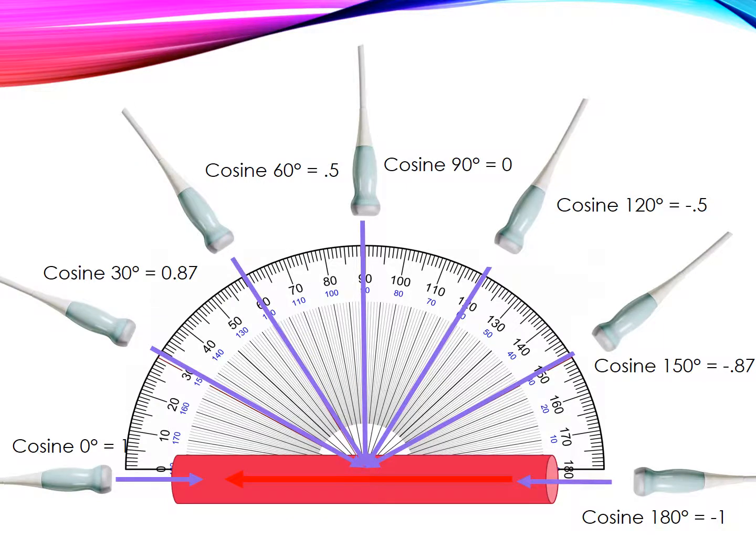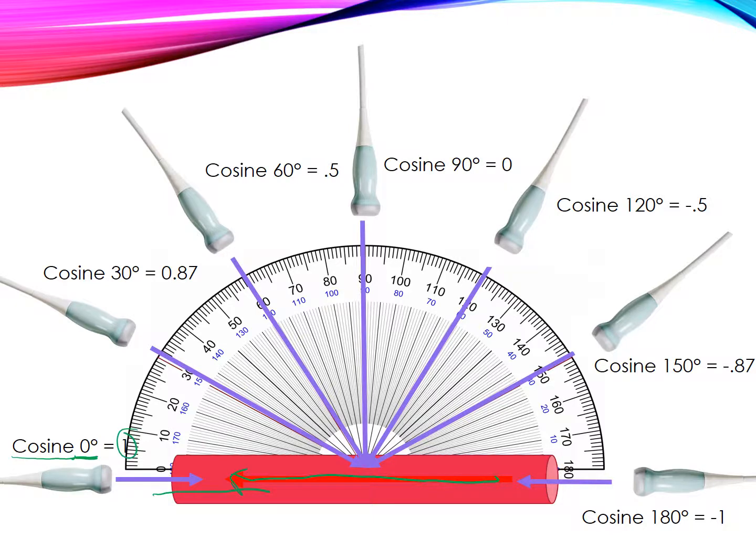So hopefully this slide will help to exemplify that even more. We have a blood vessel here with the blood flow traveling from the right of the screen to the left. As we put a transducer, if we could be 100% parallel with that beam, that would give us a 0-degree angle. Cosine of 0 equals 1.